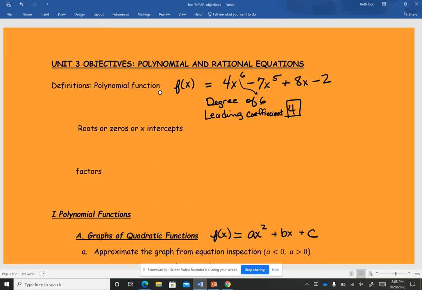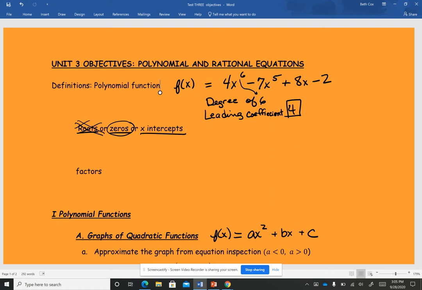Okay, so now one of the main things that we like to do is find the x-intercepts. These are also known as roots or zeros. Now, zeros is the most common term. Roots is not, but they're both the same thing.